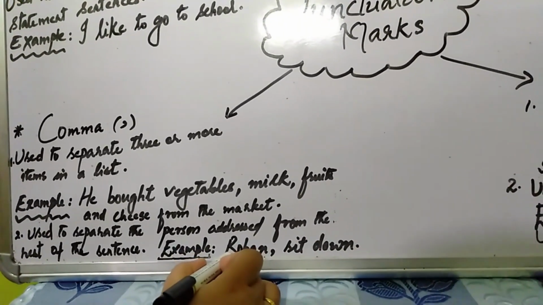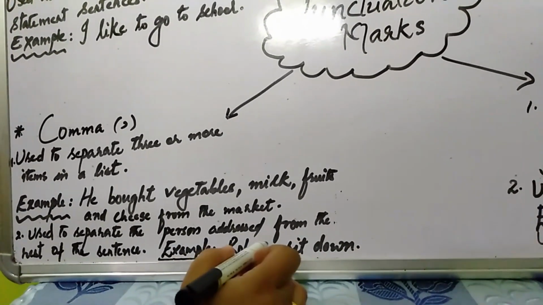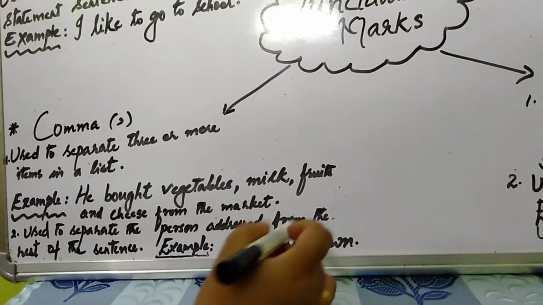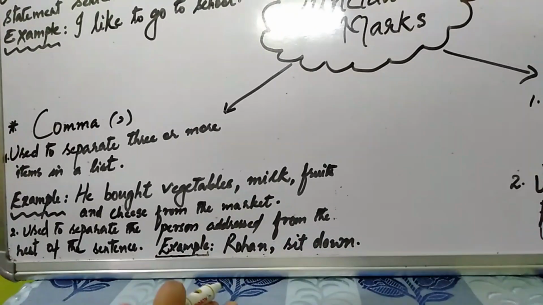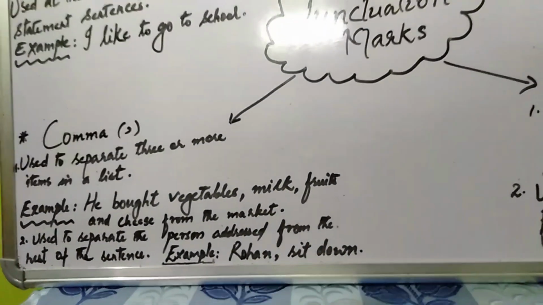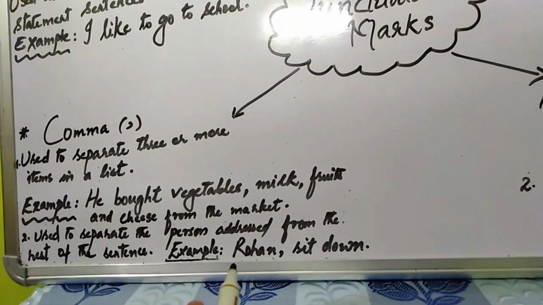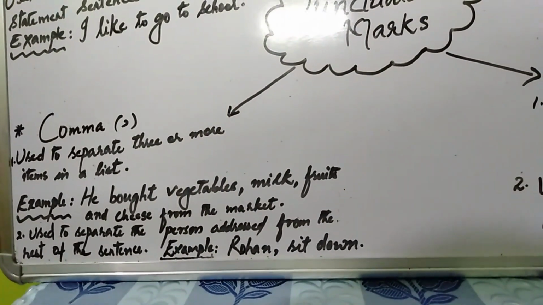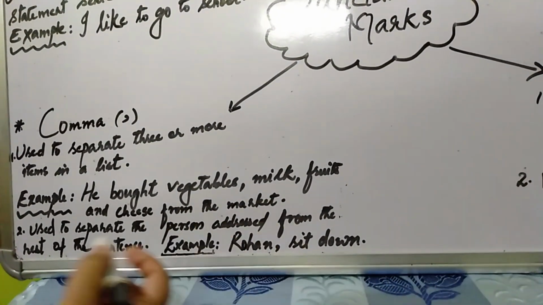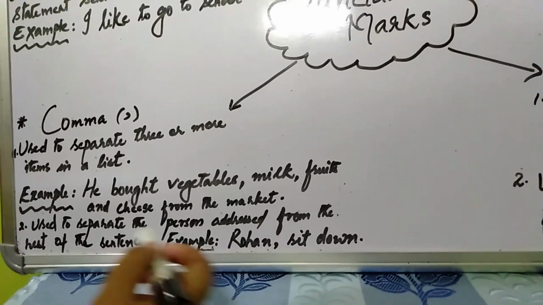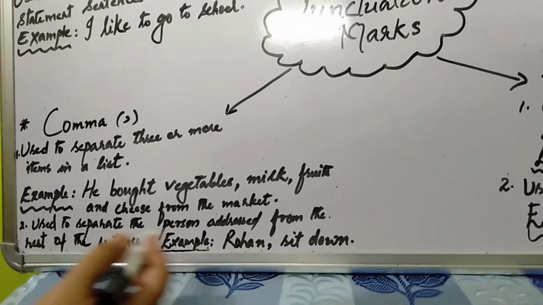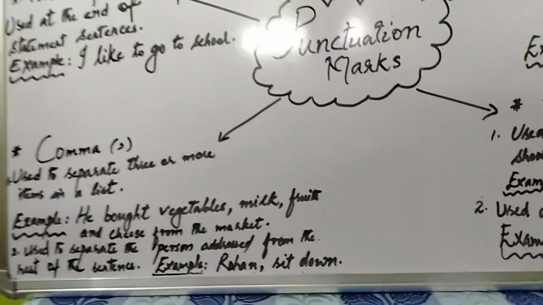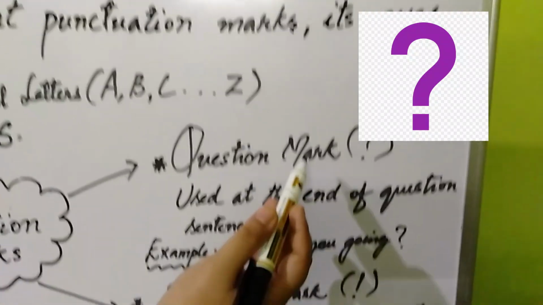So here Rohan is the subject. Okay, you need to give a comma. Then somebody has asked Rohan to sit down. One more example can be given as Mala, get out, right? So whenever somebody is being addressed, a comma is used to separate the person addressed from the rest of the sentence.